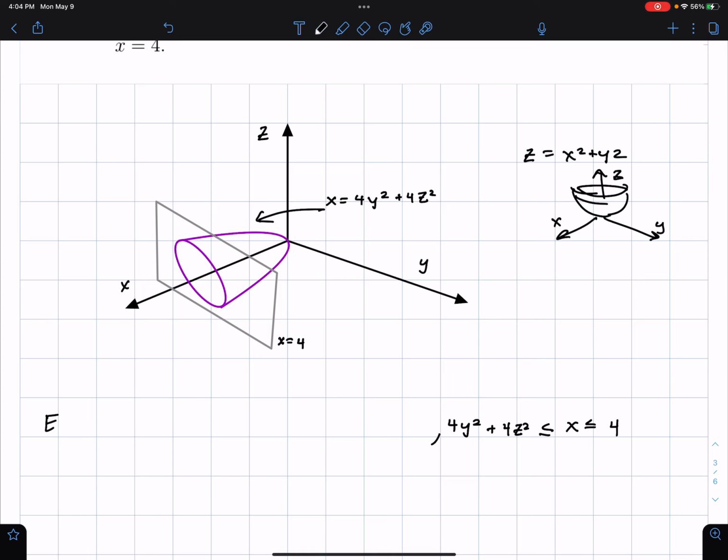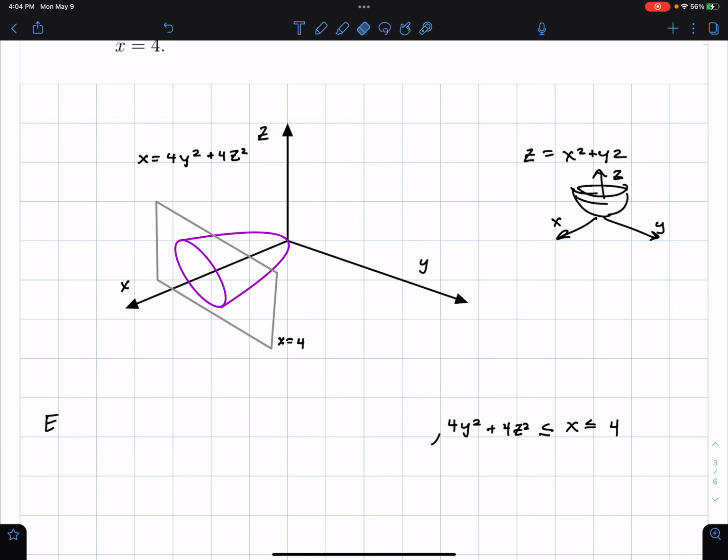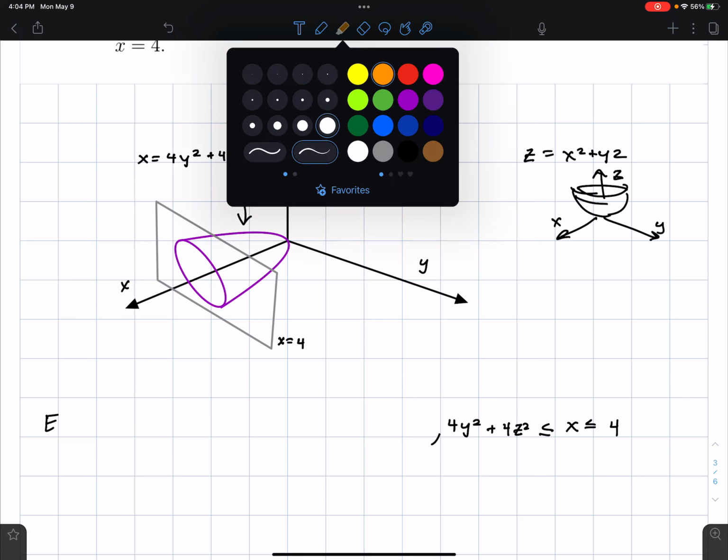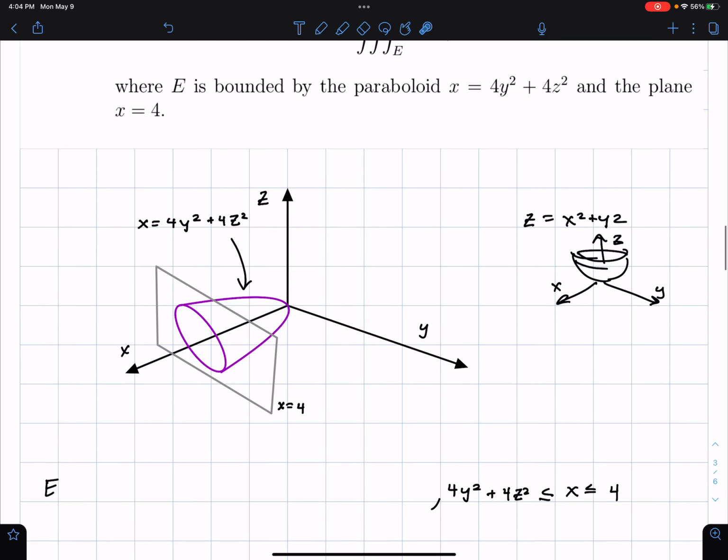Now, what we do on these is we project this onto the yz plane. Here, this is x equals 4y squared plus 4z squared, and this is x equals 4.